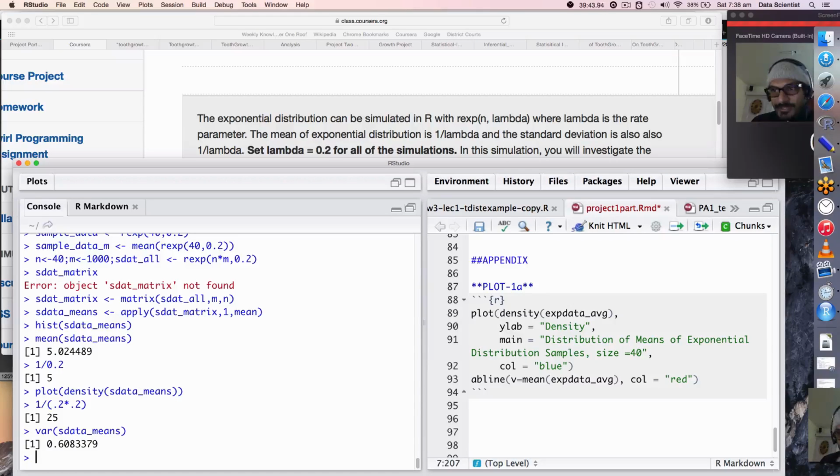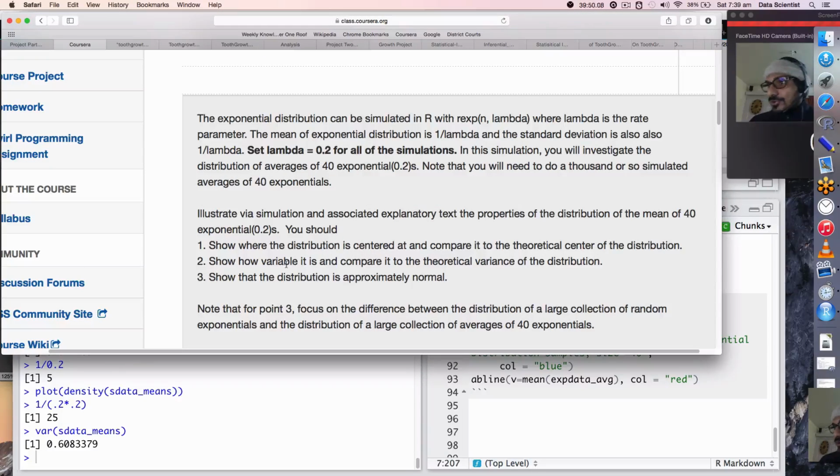Wait, have I made a mistake somewhere? No. So the question says show how variable it is and compare it to the theoretical variance of the distribution. No, we're taking the averages, right? So now the distribution has become what? The distribution is no more exponential.